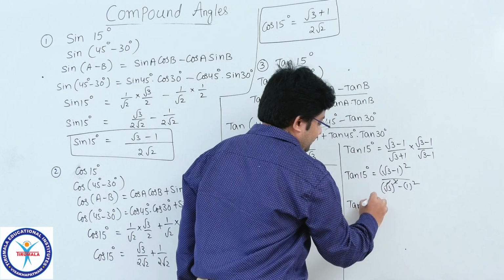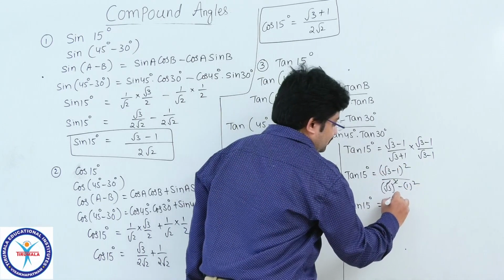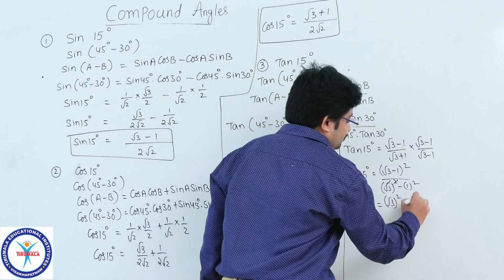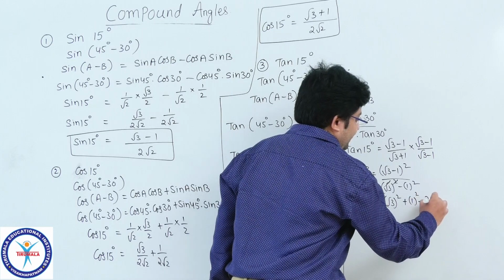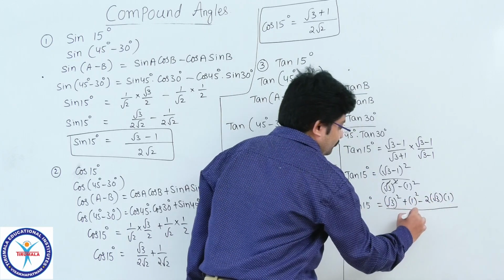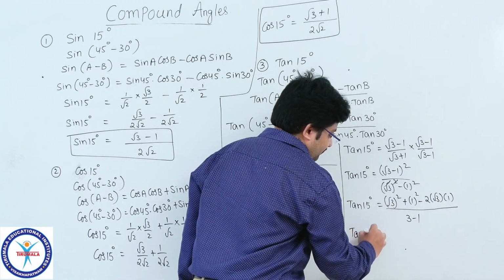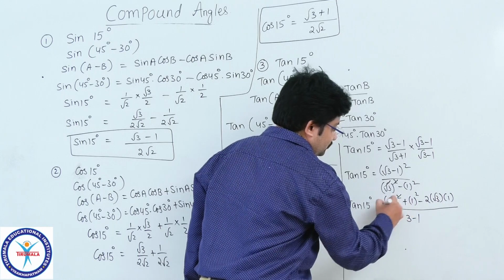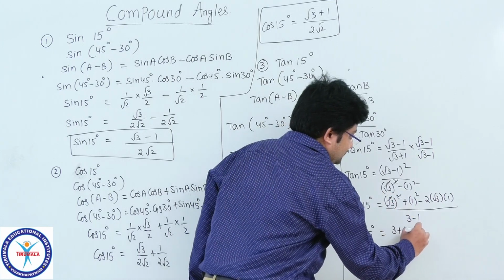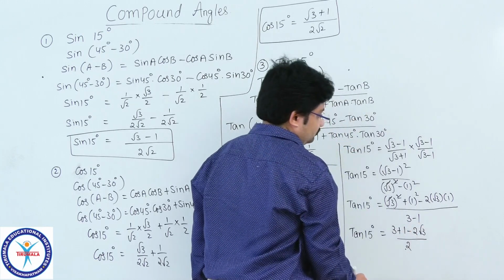Therefore, tan 15 degrees is equal to, it is in the form of (a-b) whole square. (a-b) whole square is equal to a square plus b square minus 2ab, by 3 minus 1. Square and root get cancelled here: 3 plus 1 minus 2 root 3 by 2.